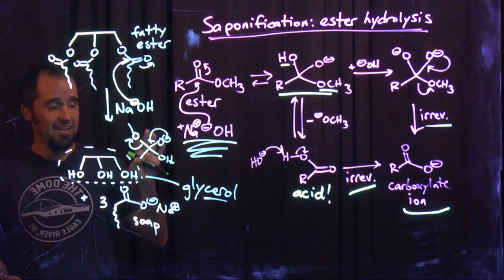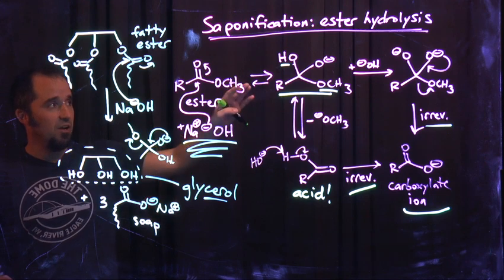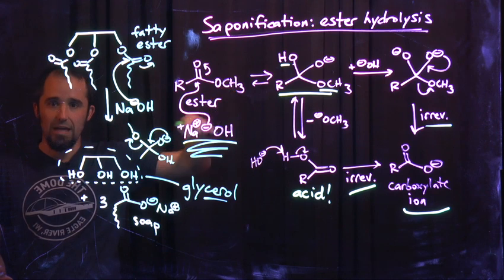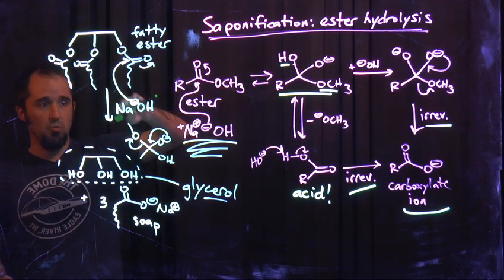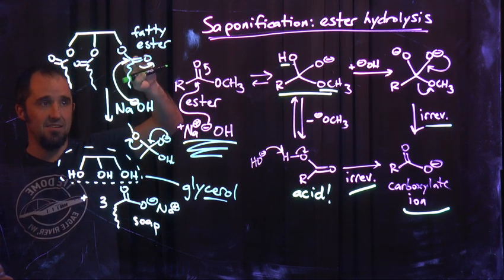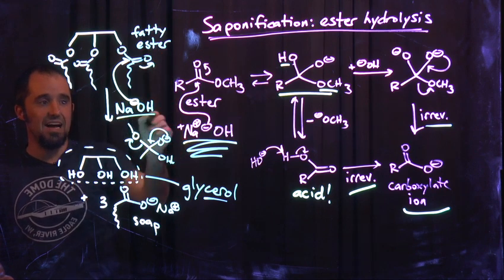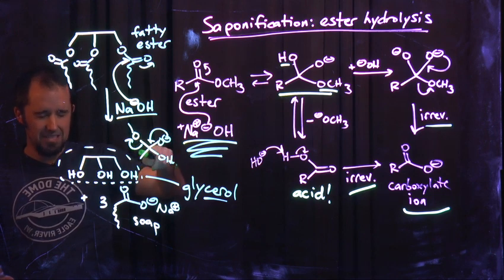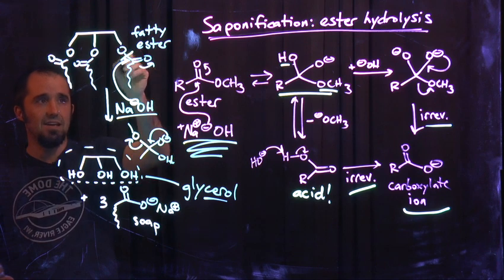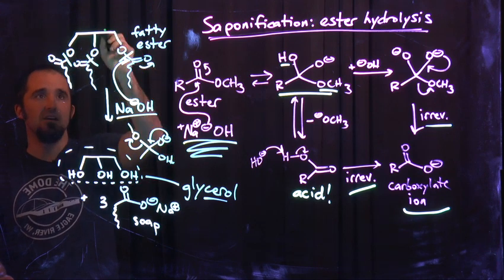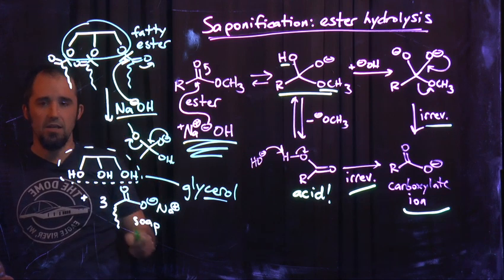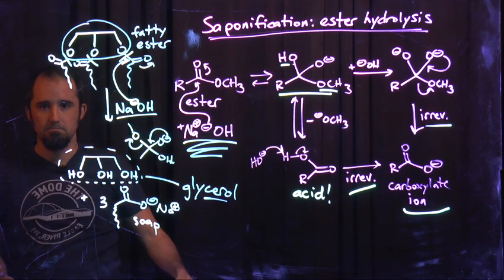Okay, so this is sometimes called ester hydrolysis. It's sometimes called saponification because this is the old school way to make soap. You hydrolyze the fatty acid ester with caustic lye, sodium hydroxide, that makes a tetrahedral intermediate that then breaks down, and I end up breaking these bonds to get glycerol by itself and 3 carboxylates.